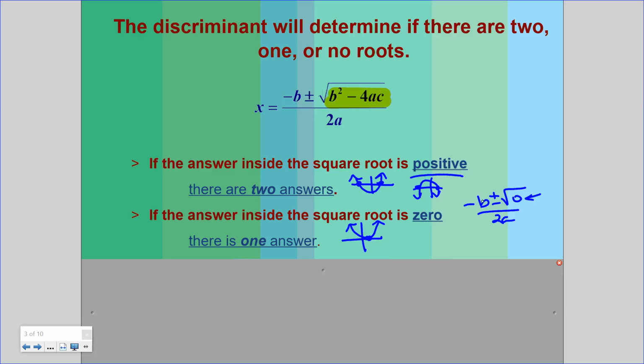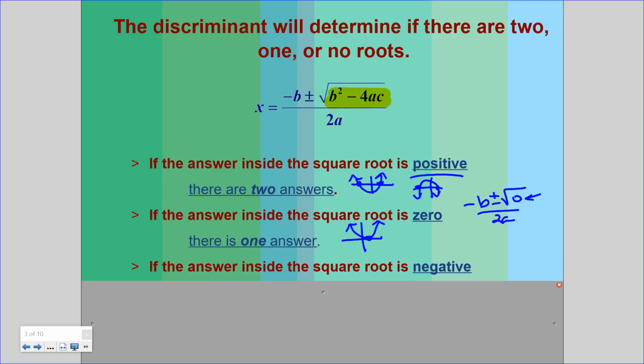This should make sense because in negative b over 2a, if you add 0 to the top, it's still just negative b up top. And if you subtract 0 from the negative b, it's still just negative b. So you're getting the same number when you do the plus or the minus. That's why it's just one number that represents your solution.